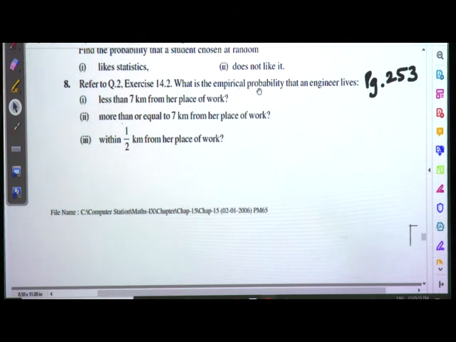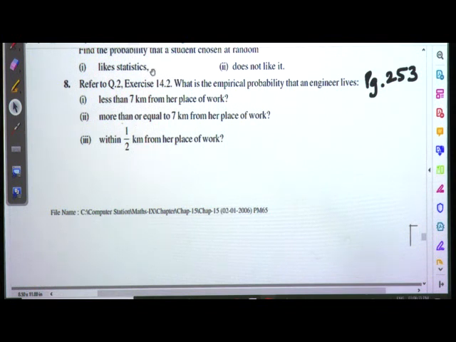What is the empirical probability that an engineer lives less than 7 km from her place of work, more than or equal to 7 km from her place of work, within half kilometer from her place of work?